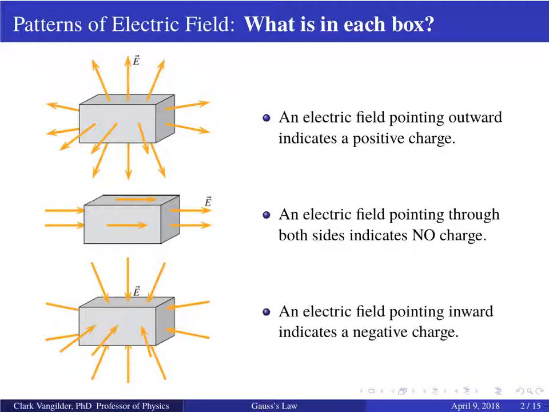And then the last one, if everything's going into the surface and nothing's coming out, the only way you could do that is if you have an electron or a negative charge in that Gaussian surface. Now we don't really make Gaussian surfaces. I mean, you could enclose a charged source in some sort of sphere or box if you wanted to, but the idea of these Gaussian surfaces is they are mathematical devices that let us do calculus.